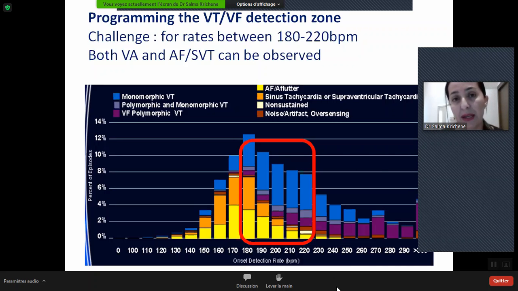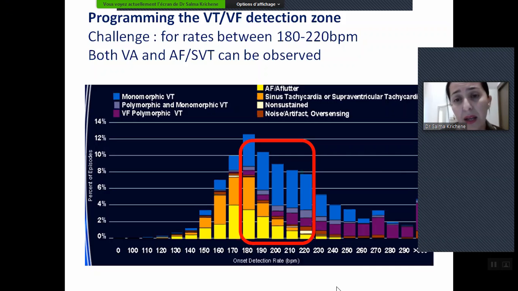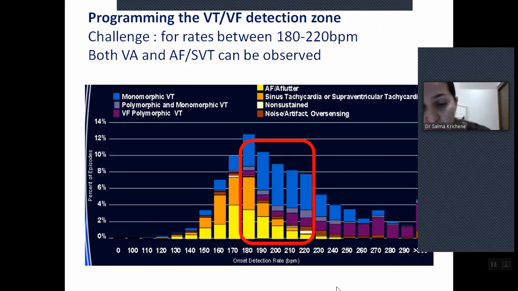So in programming of zone detection, we must begin with the VT zone, which we start at up to 180, and for the VF zone, we program up to 230.